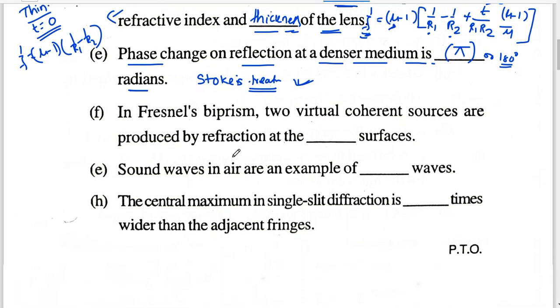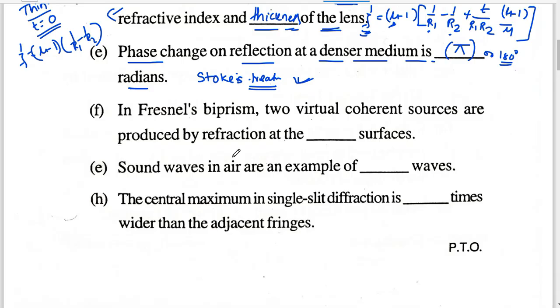Next question. In Fresnel biprism, two virtual coherent sources are produced by refraction at the dash surfaces. You know, in Fresnel biprism, there are two prisms which are connected base to base with each other. This is the source of light S, and this is the image S1, and this is the image S2, and these are the two virtual images.